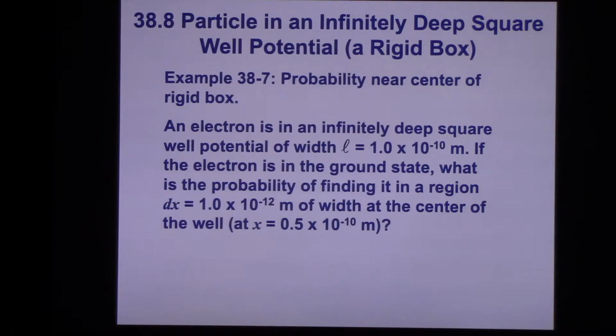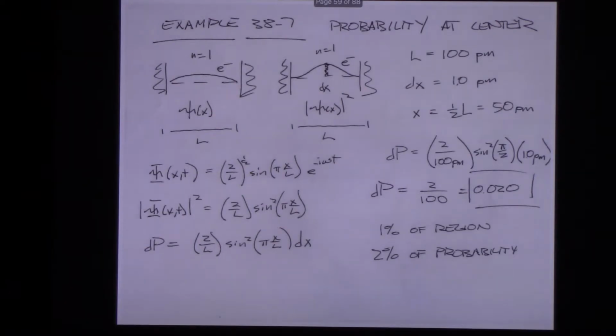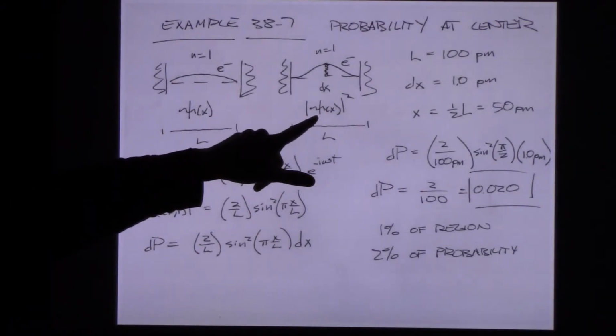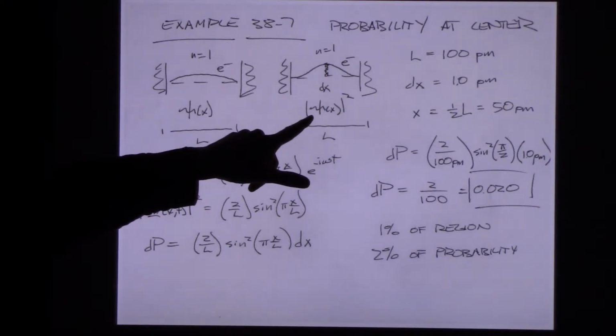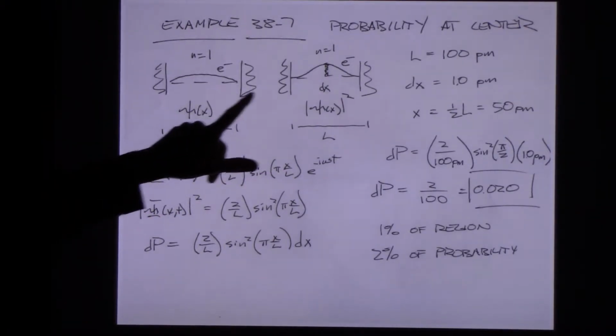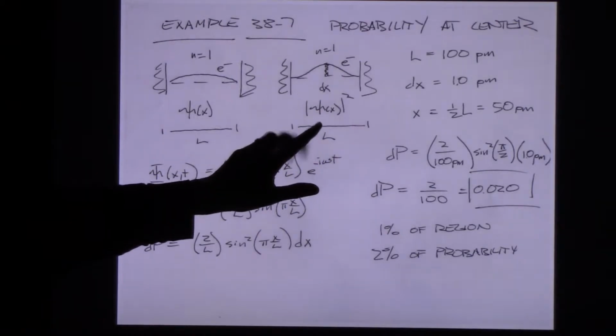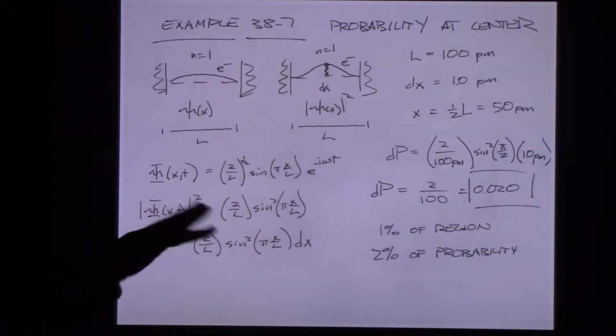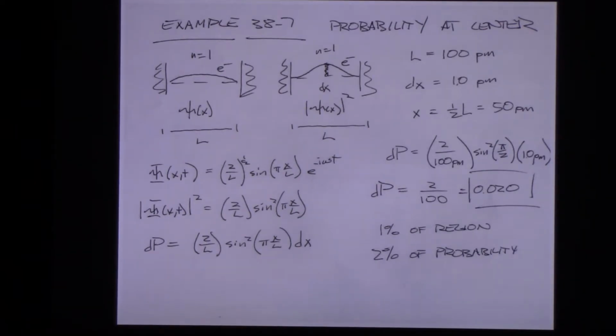So let's try this. What this looks like is, this is the wave function, this is the probability function. So this is the sine squared, that's the sine. The width here, L, is 100 picometers, but we want to find out how much probability is in that central 1 picometer.